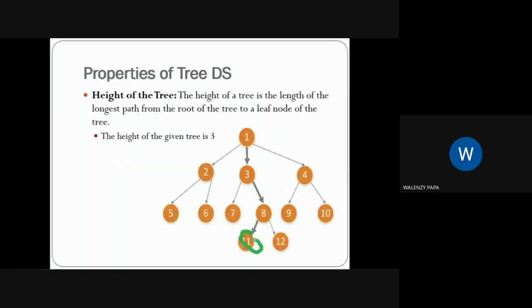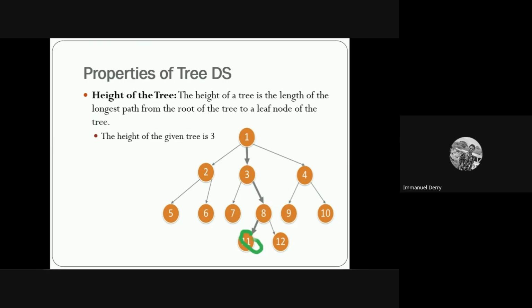But when you pick it from 5, then 1 becomes 2, because 5 is 0, then 2 is 1. So in this case, 1 can be either 3 or 2. I don't know whether I'm right. It depends on where you are picking it from.